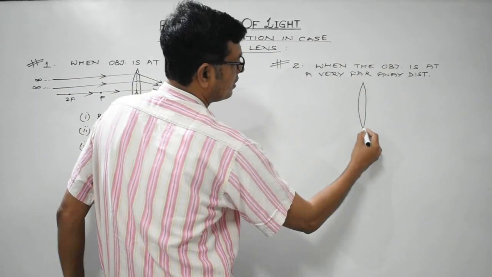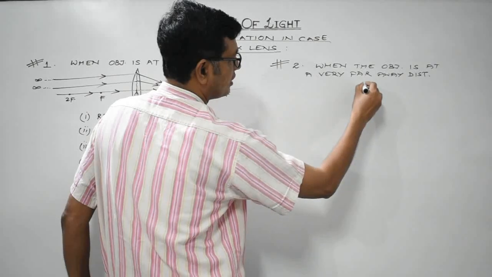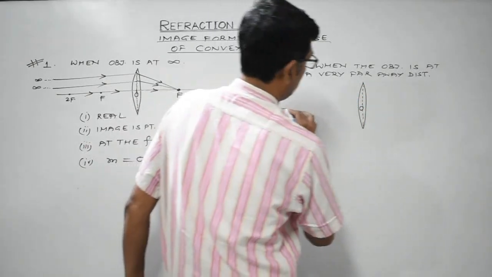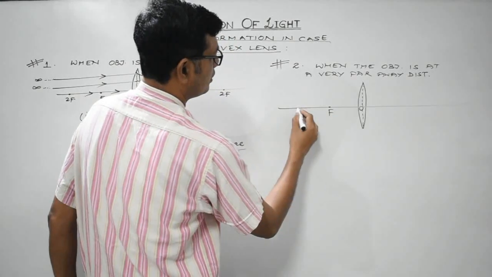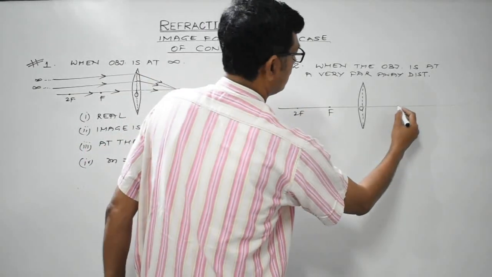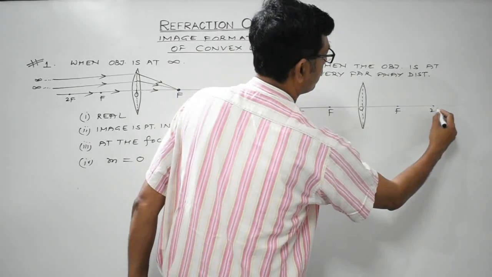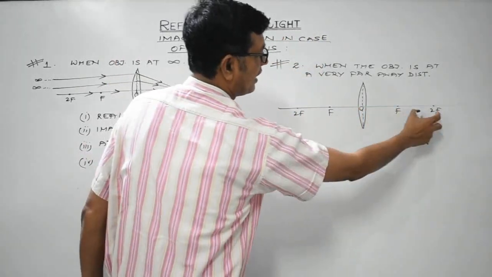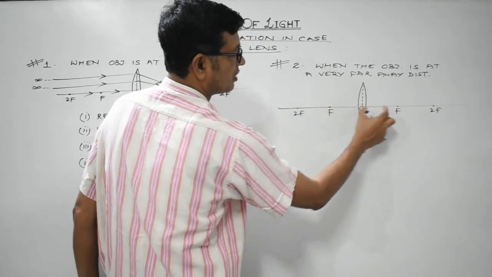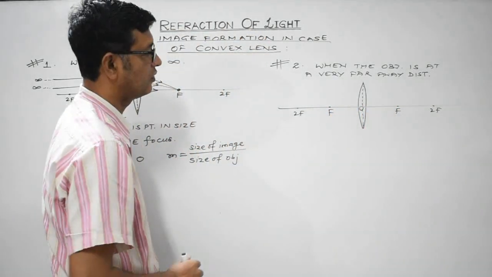This is the convex lens, this is the optical center, this is the reference line, and this is the principal axis. This is F, this is 2F, this is F, this is 2F. Students, please take care while indicating F to F. All should be equidistant. Please ensure this, right?